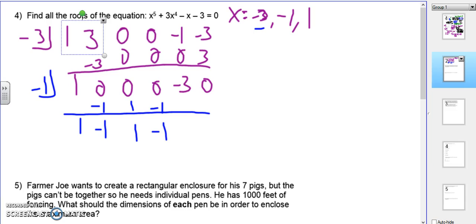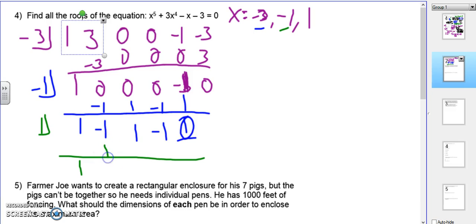Okay, I just found my mistake right here. That should have been a 1. There we go. And then let's see, multiply, add. That's a 1. Whoops, that's a 1, and that's a 0. So I know it's a root. Now notice, I knew I made a mistake because I knew that that was a root because I saw it in the graph.